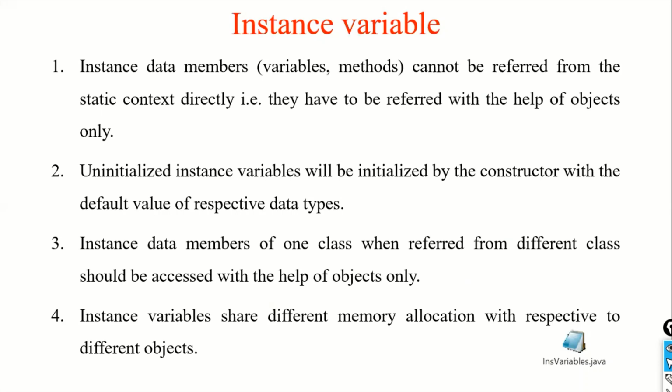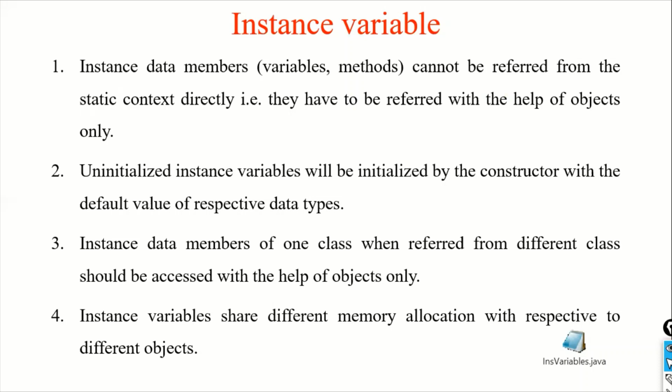Instance data members of one class can be referred from a different class with the help of objects of that particular class. Instance variables share different memory allocations with respect to different objects. That means instance variables can have different values with respect to different objects.